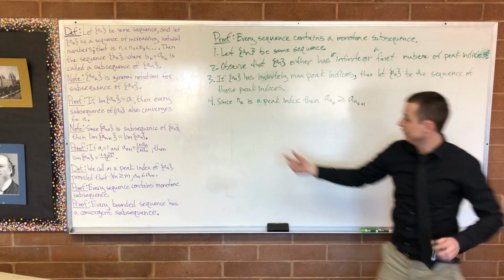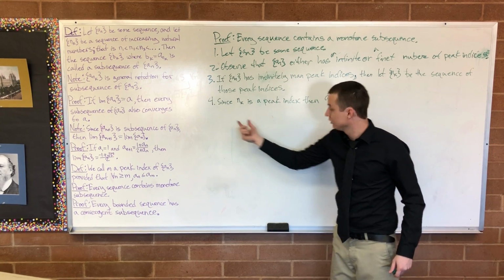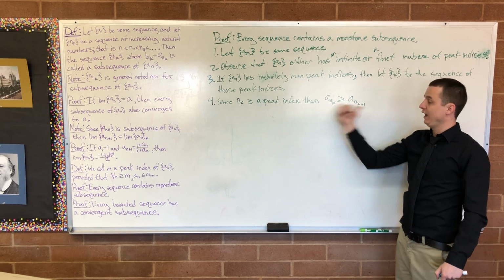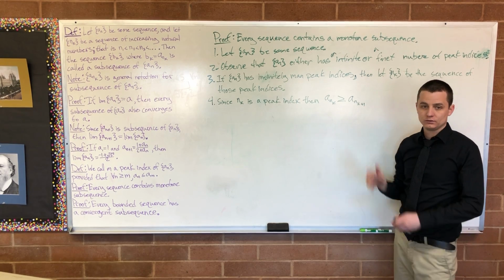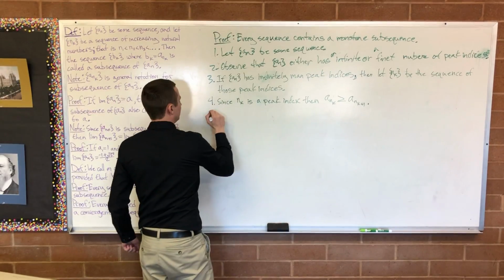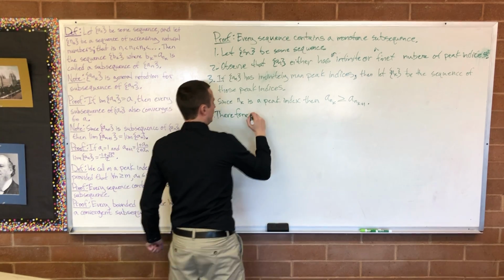Since n sub k is a peak, the value at this peak has to be greater than or equal to the value at any point later in the sequence. Okay, fine. Therefore, it is monotonically decreasing.